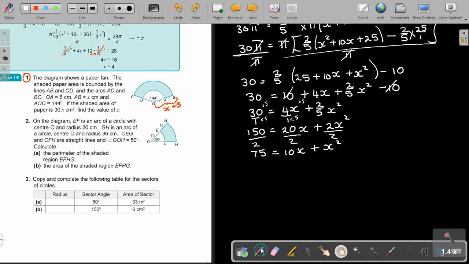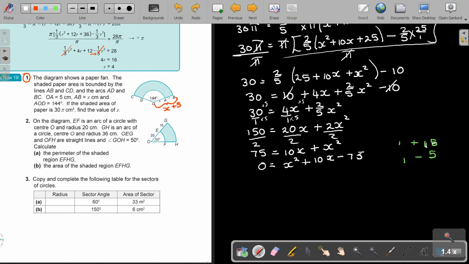Now I'm going to move everything to one side and rearrange it as a quadratic equation. That's in group B, do you see? So you can use factors of 15: 15 times 5, and 1 and 1. The bigger one gets plus and the smaller gets minus.